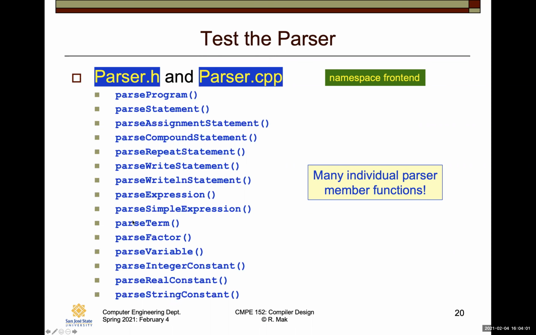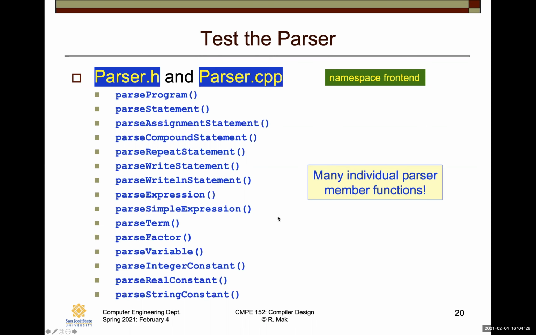We're going to be parsing expressions, and expressions are made up of a simple expression, term, factor, etc. And so we know we're going to have to write a parsing function for each of those. So you can see that those syntax diagrams help us to determine what the parser has to do.